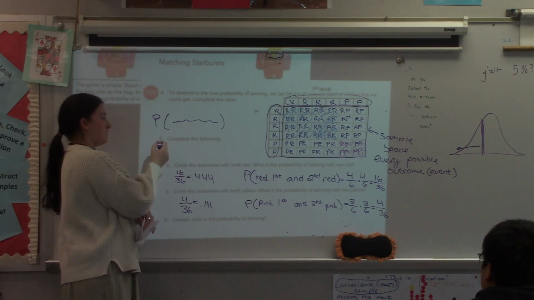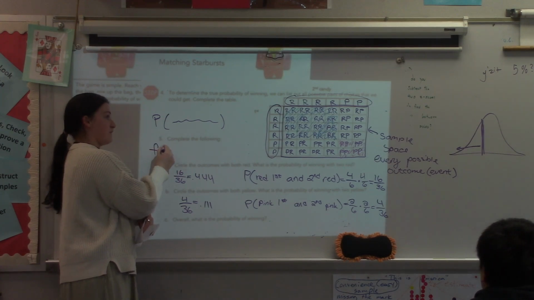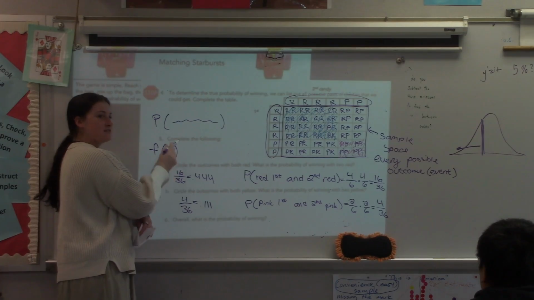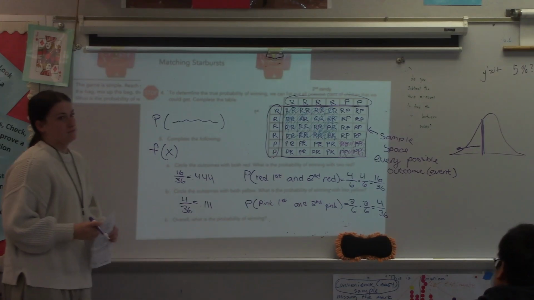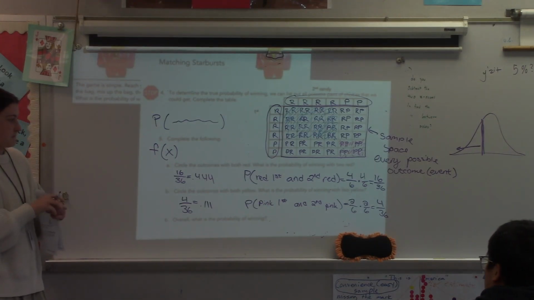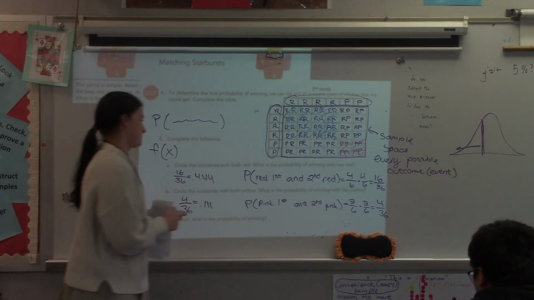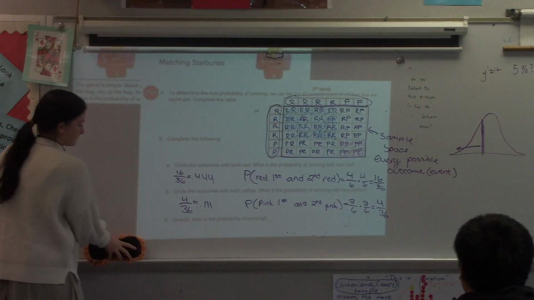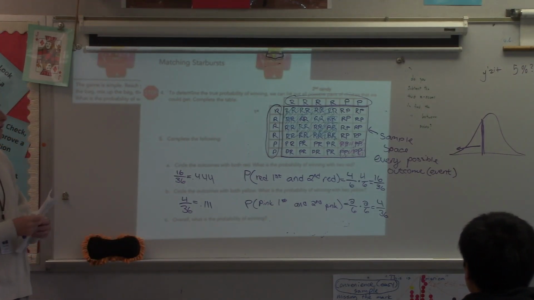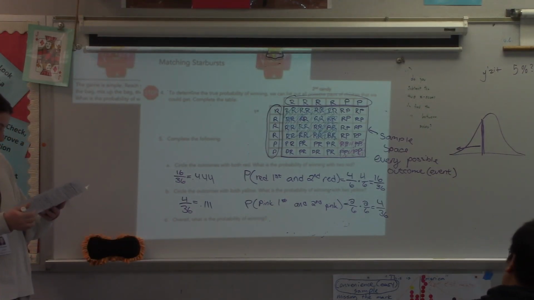Sort of like function notation, f of x, same thing. The probability of whatever we have written down. We will learn more shorthand notation that simplifies it further, but it's a way to tell someone the probability you're calculating. So overall, what is the probability of winning?